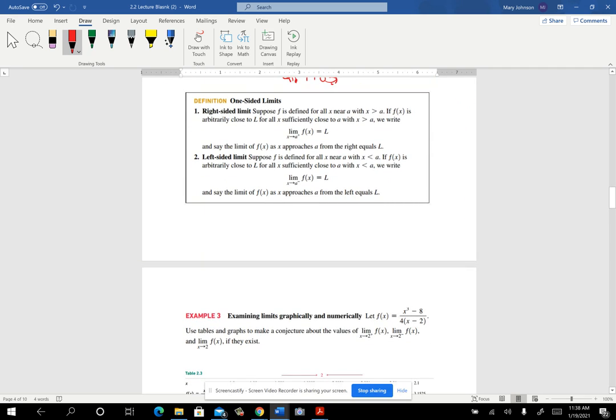that are just right-sided or left-sided. So the notation I want you to look at here: f is defined for all x near a where x is bigger than a. So you might have this function, and here's the a we're talking about. Okay, let me make a little hole at a, because a lot of times that'll be the case.